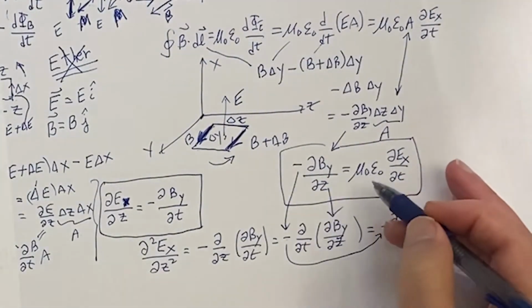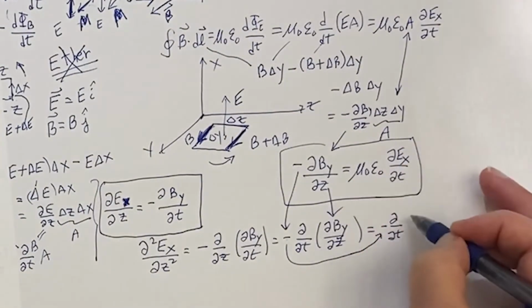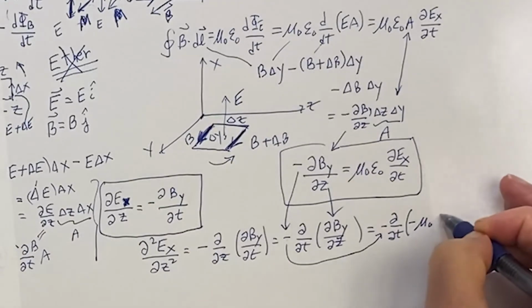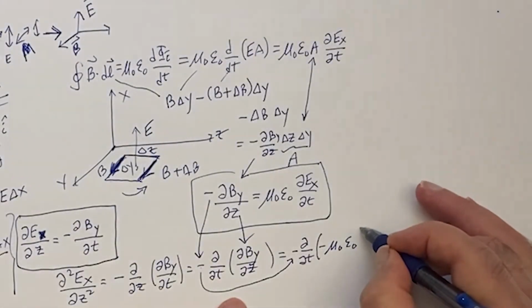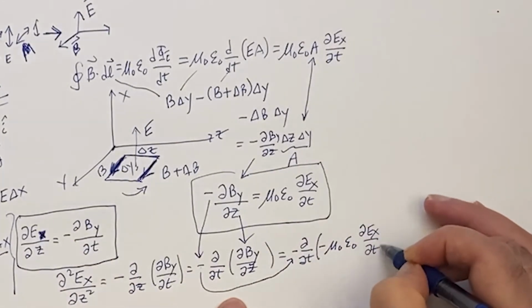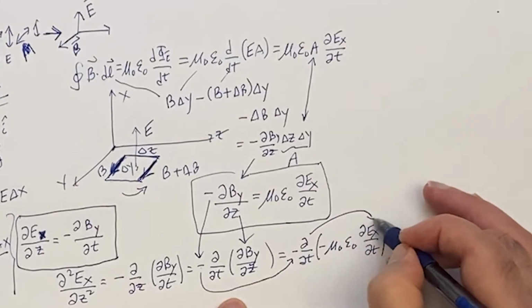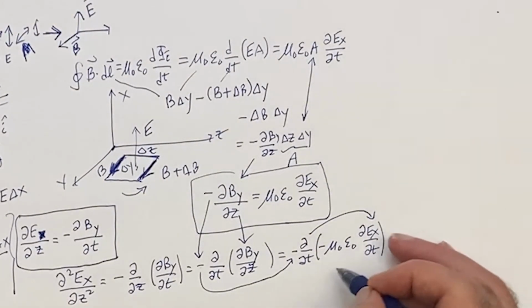We'll take the derivative with respect to t, and for this we'll just keep that minus sign here. This is going to be equal to a negative mu naught epsilon naught d²Ex/dt². And I think you can see this coming. This is the second derivative in time, and we have the second derivative in space.